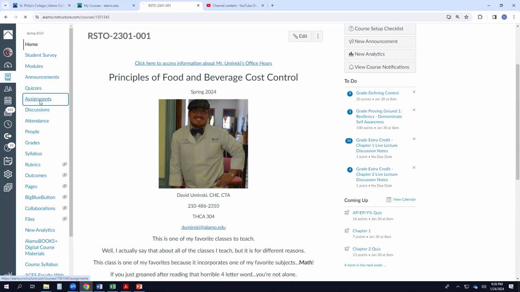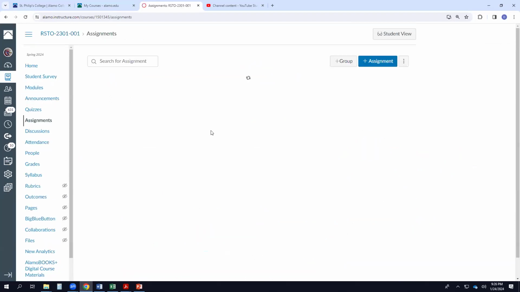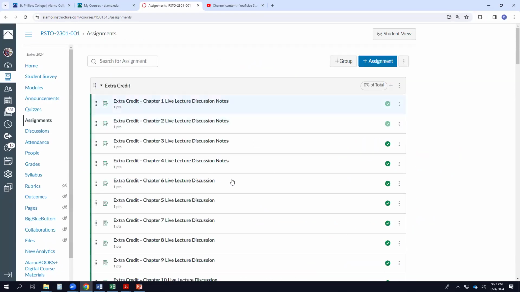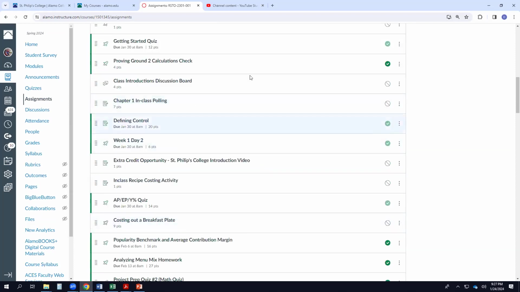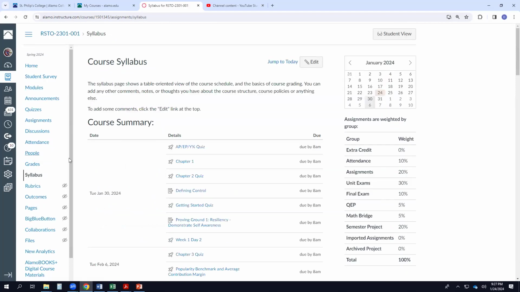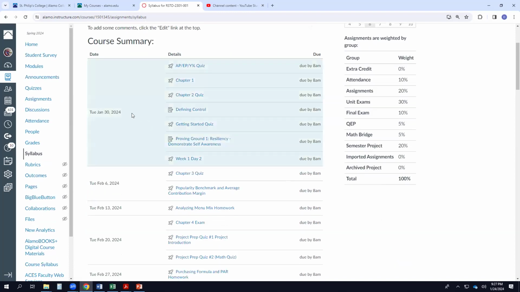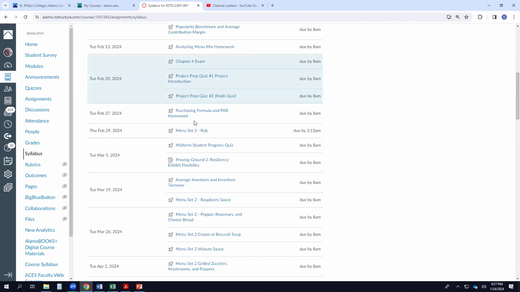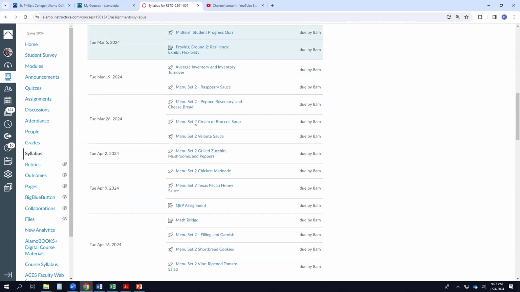If you look in the assignments, the due dates are all over the place. It is not organized in any way at all, okay? So the best way for you to see is click on syllabus right here, and it'll automatically show you on the day everything that is due on that specific day, okay? So if you click on syllabus, that is when all of it's organized by the date.